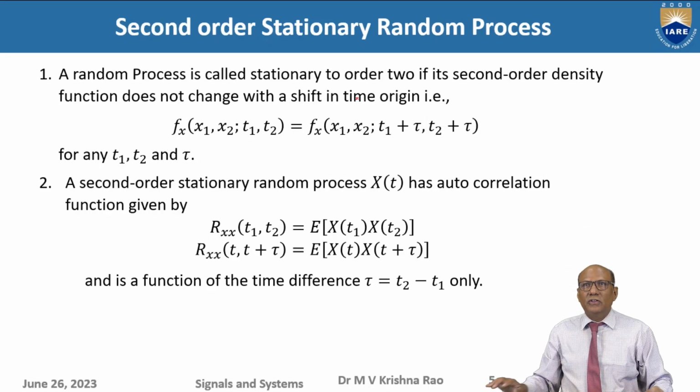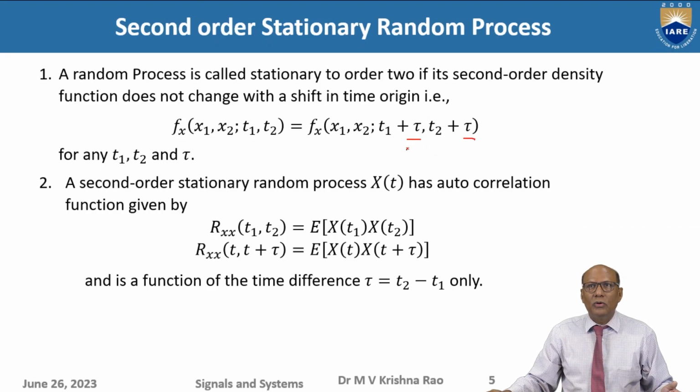If you see here, T1 is shifted by tau and T2 is also shifted by tau. So T1 plus tau, as per my diagram, I called it here T3, and T2 plus tau I called T4.